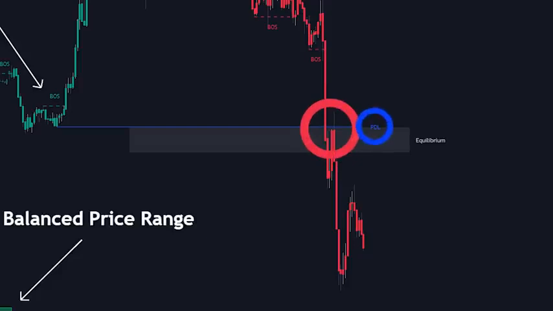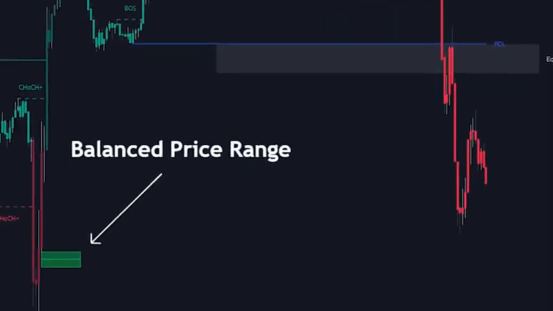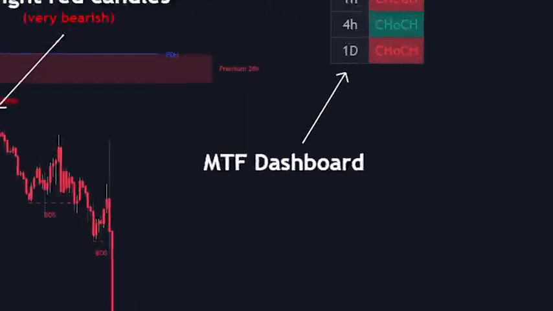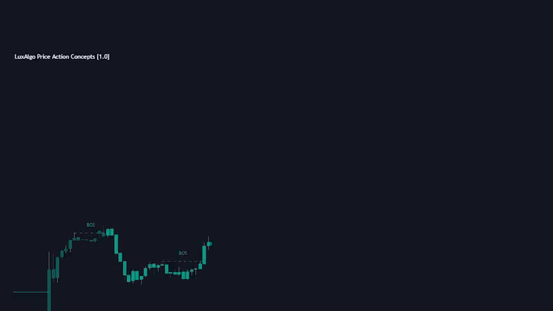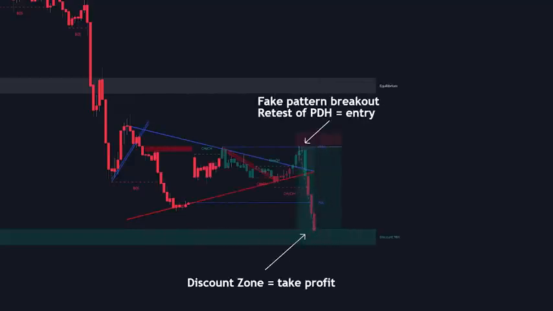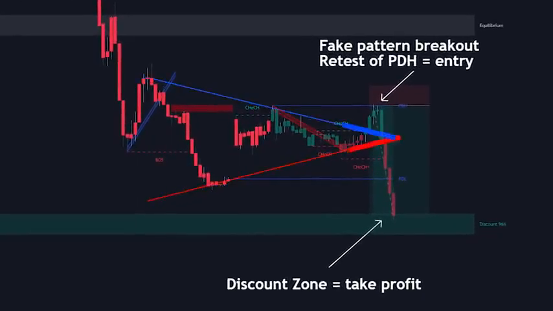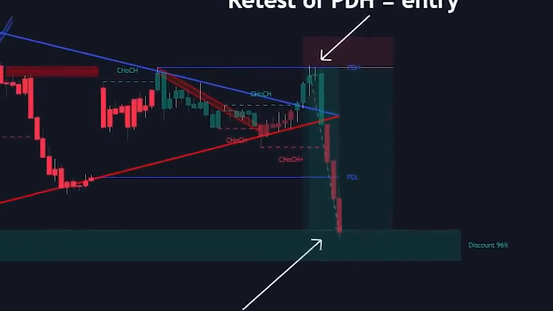And by utilizing features alongside this market structure analysis, such as noticing price revisiting the previous daily low level, plus the equilibrium acting as resistance, plus a balanced price range below the price, the discount zone below with the high 72% metric, and the multi-time frame dashboard displaying an overall bearish structure, you can instantly gain a deeper interpretation of price action, make highly confident trading plans while avoiding classical technical indicators, and use traditional retail trading concepts such as chart patterns or trend lines to their advantage in finding logical areas of liquidity and points of interest in the market.